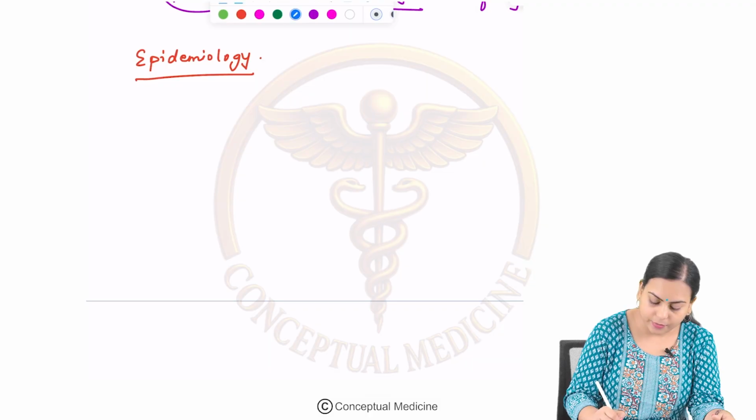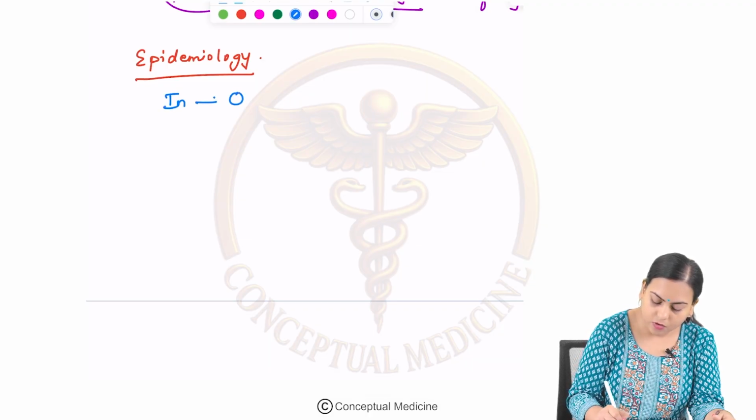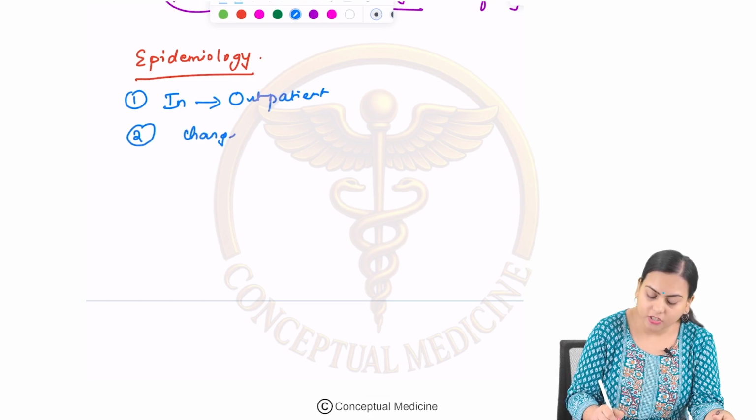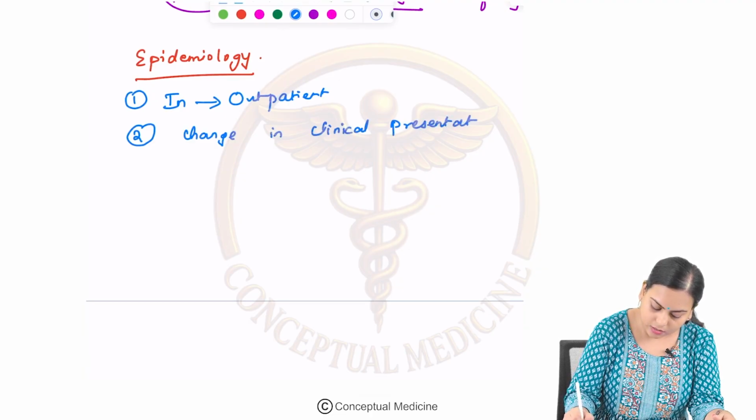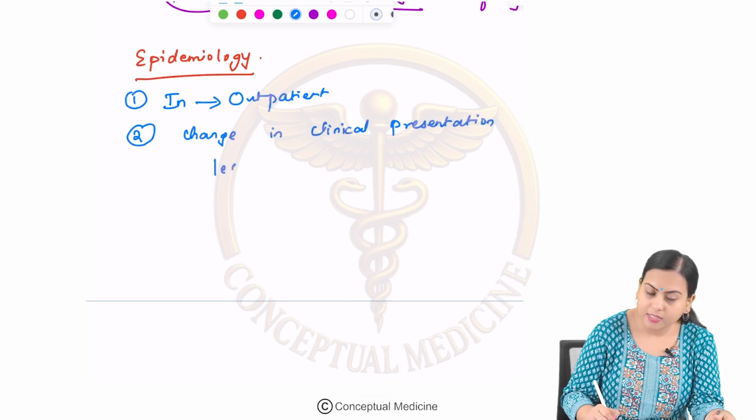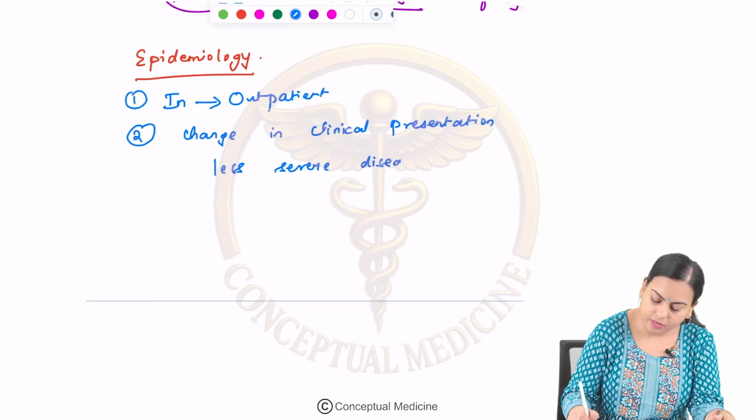Now, let us see the epidemiology. There is a shift from inpatient to outpatient management nowadays. That is the important point. And there is a change in clinical presentation as well. Nowadays, less severe disease is commonly seen.